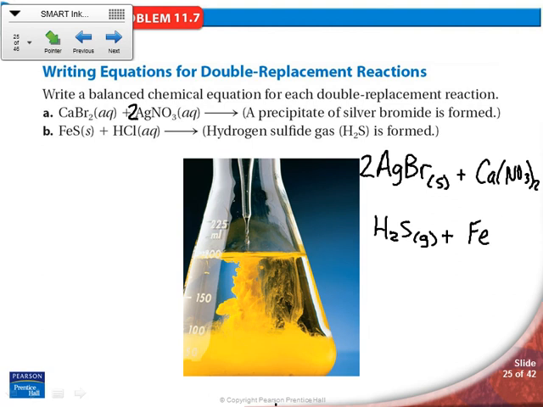Cl2. Good. Is it okay if you have the different things? Yeah, if you have FeCl2 over here and H2S over there, that's fine. You can switch those. No, that order doesn't matter.